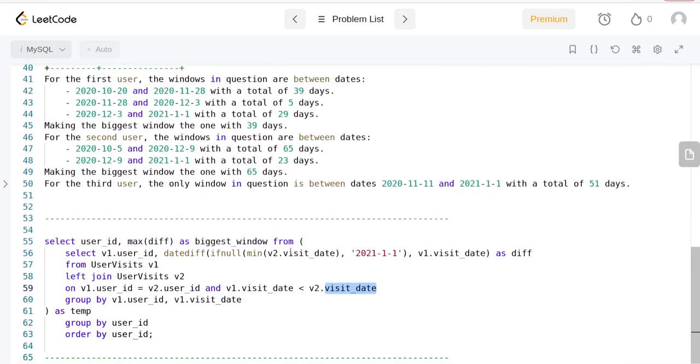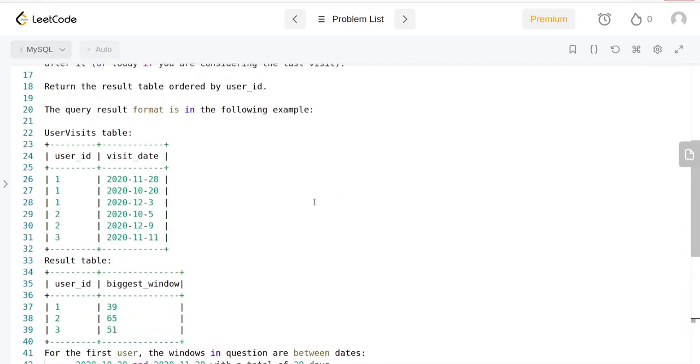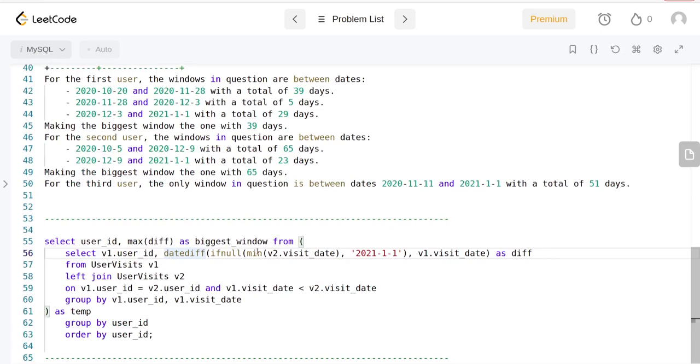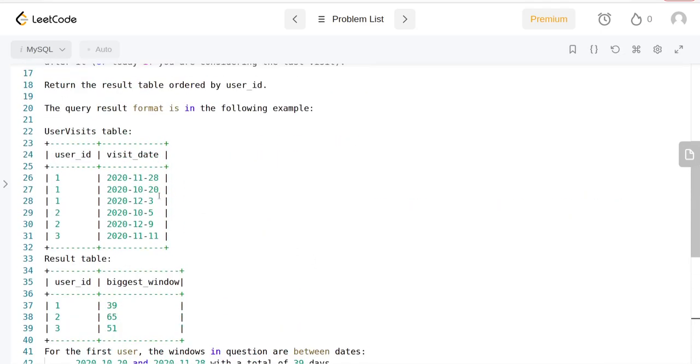Once we do that, we're going to have a user ID and a date difference. Look at all the entries in the table and give me the minimum of that, because we're going to be grouping by the user IDs too. In the case of user 1, this is the entry it's going to give us.